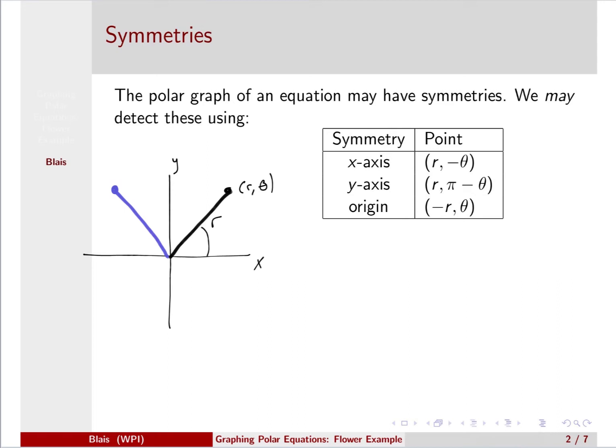For our point that's reflected about the y-axis, we can have the same r, the same distance from the origin, and thus the overall angle is pi minus theta, and we have this point here represented by r, pi minus theta. So we can check for symmetries using these points.